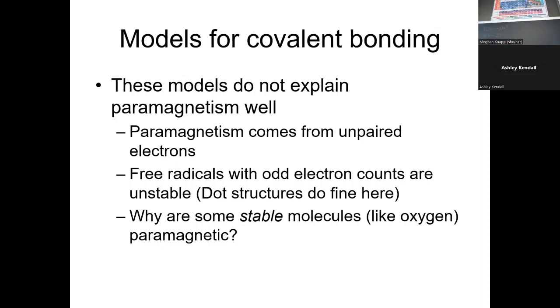But there are some stable molecules that are paramagnetic that a dot structure would make it look like they have all their electrons paired. They have an even number of electrons, yet they're still paramagnetic. So this is one of the things that molecular orbital theory is going to help us fix.